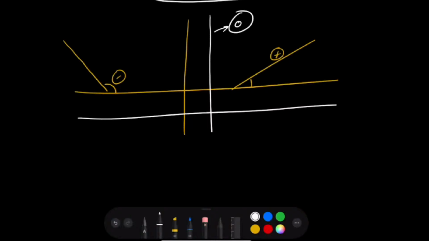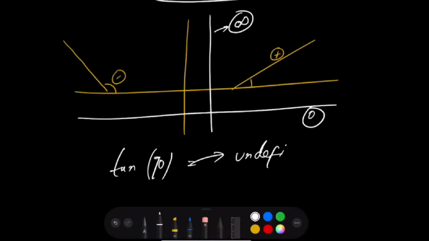Any line that is horizontal has slope 0, and any line that is vertical has slope of infinity. Why? Because tan 90 is what? Infinity, or I should say actually it is undefined. It is undefined, not infinity, because it may be plus infinity or minus infinity depending on where the line is tilted.